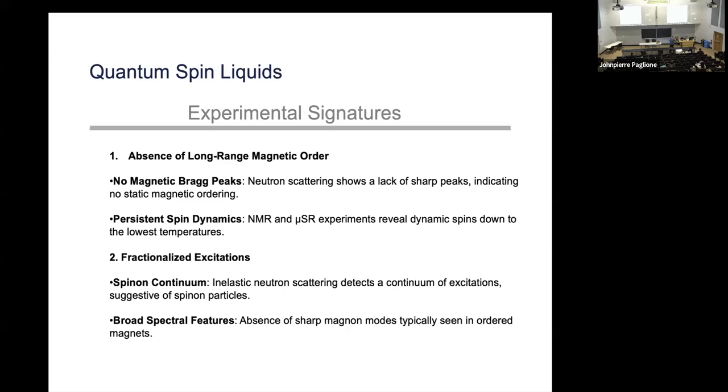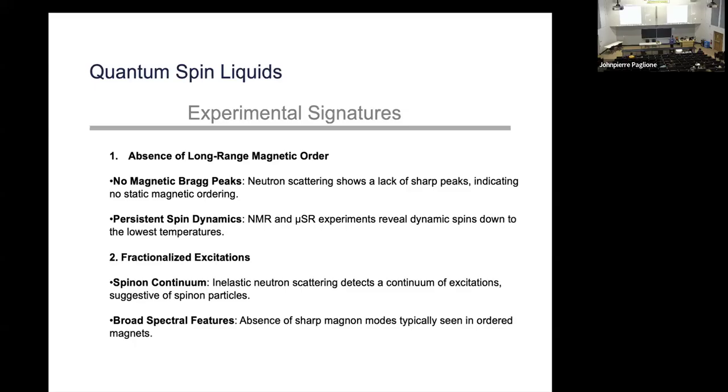That being dynamic itself is going to give us some information. For example, if you do NMR or mu-SR measurements, they will show the persistence of this dynamic situation in the sample. I'm not going to get into too much detail about mu-SR and NMR, but I will show you some other techniques that can also be used to make sure that our system stays dynamic down to the lowest temperature.